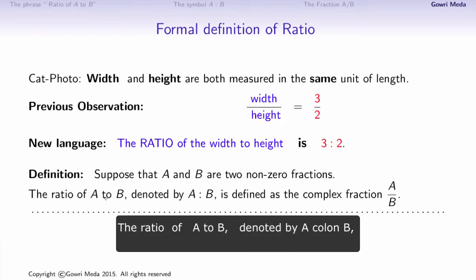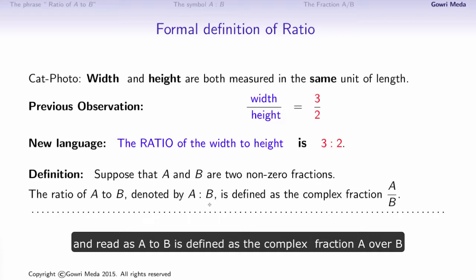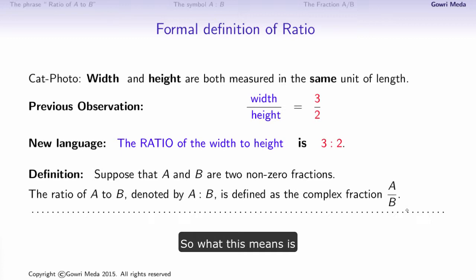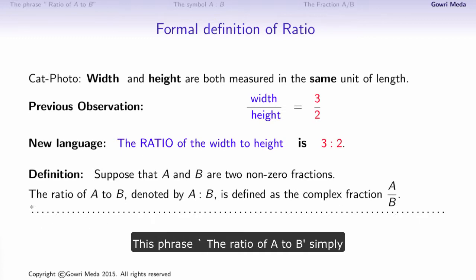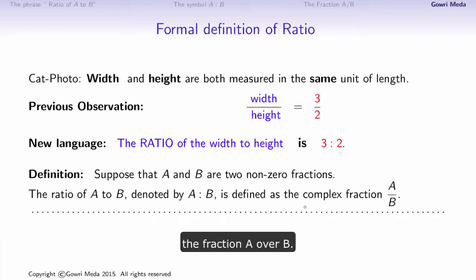The ratio of A to B, denoted by A:B and read as A to B, is defined as the complex fraction A/B. So this phrase, the ratio of A to B, simply means the fraction A/B. And this notation A:B is exactly the same as the fraction A/B.